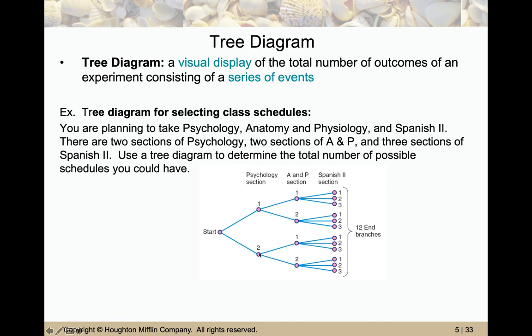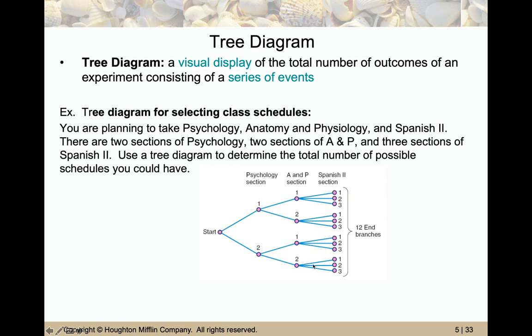There's 2 sections of anatomy and physiology. All right, so if I picked section 1 for psychology, I could pick 1 or 2 from anatomy and physiology. If I pick section 2 for psychology, I still have the choices of 1 or 2 for anatomy and physiology. And there's 3 sections of Spanish 2. All right, so for each of these branches that I've already started, I now need to have 3 little baby branches come off of those, because we've got 3 options.